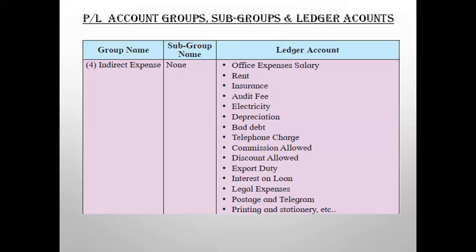Simultaneously, when you go for voucher entry, in the next session we will be doing voucher entries, at that time also we will be having a reference to these ledgers. So you should be thorough with the tables, that is the ledger accounts and groups from the profit and loss statement and the balance sheet. So keep learning, students.